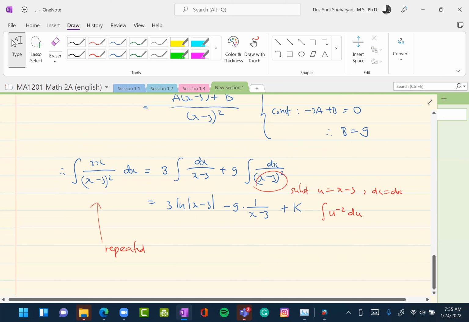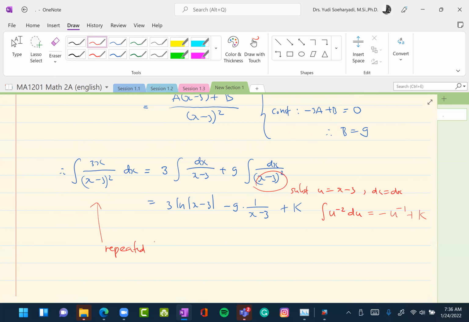The 9 is negative because you get 9 over negative 1 here. Okay, I get it. So this is the case of repeated linear factors.